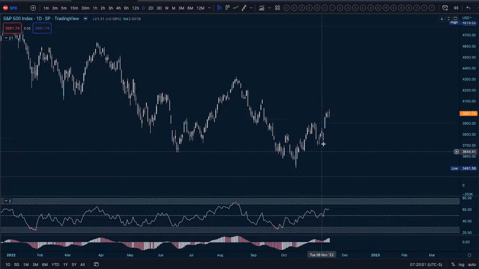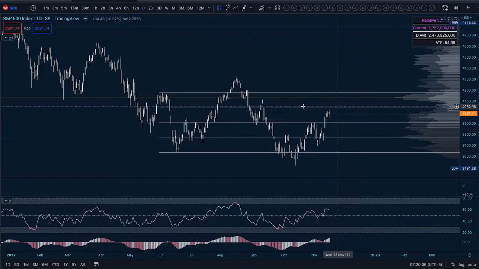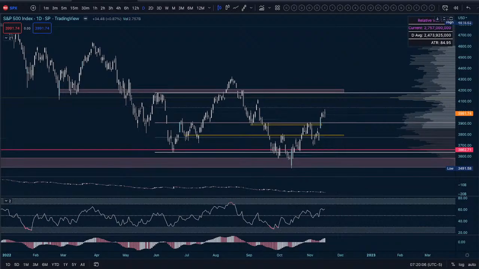All right, SPX is the same situation here. It's right under resistance here, right?